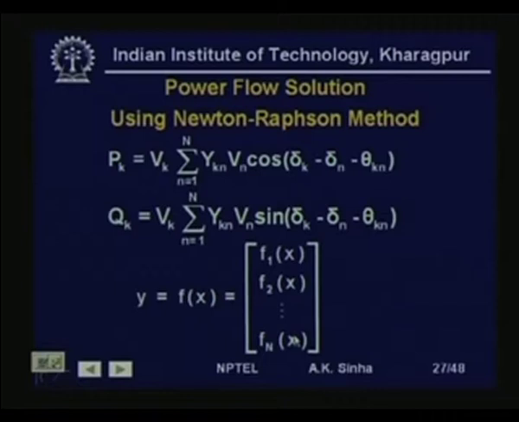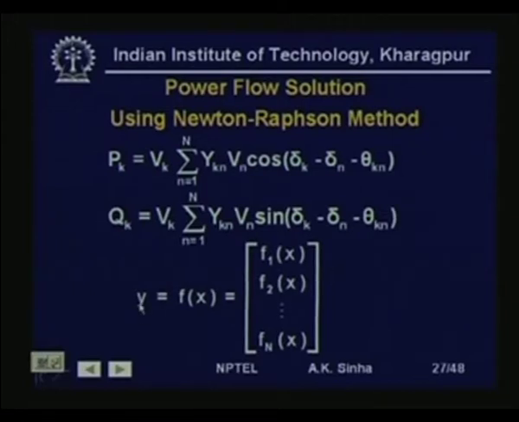The other methods which have much faster convergence are methods such as the Newton-Raphson method. Now, here again if we go back to our power flow equations, the power injections P k and Q k in terms of V and delta and the circuit elements, we can write this expression as we have done earlier.